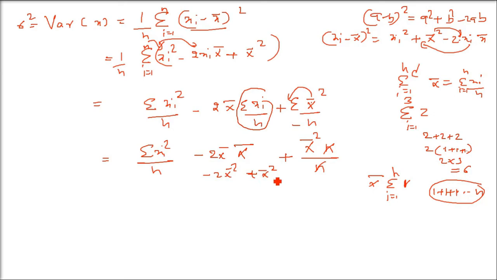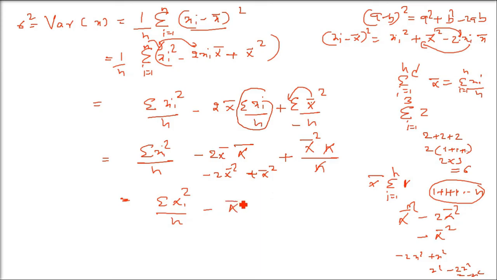What I am trying to suggest is basically x bar whole square minus 2x bar whole square is minus x bar whole square. Don't worry about x bar. It's just like a polynomial: minus 2x square plus x square. X square minus 2x square, so minus x square will come. Because we have x bar, we will write sigma xi whole square by n minus x bar whole square.